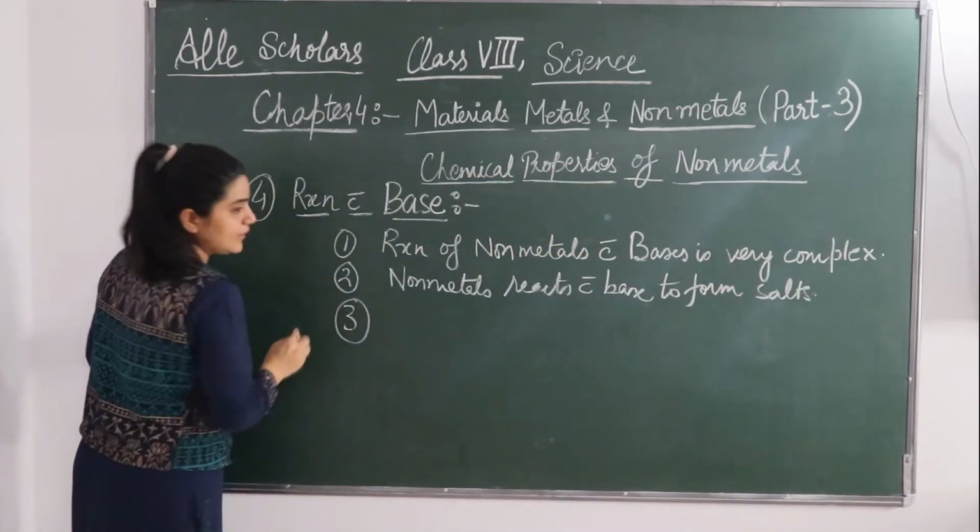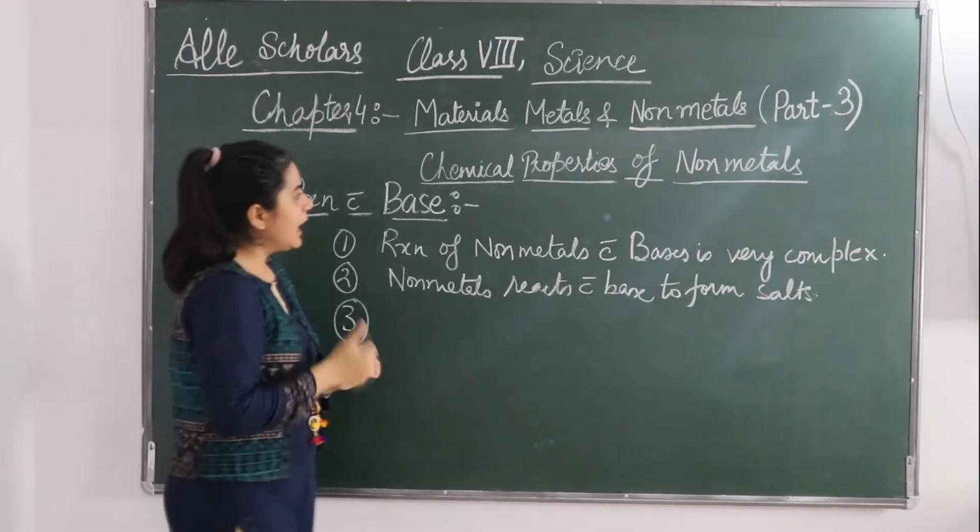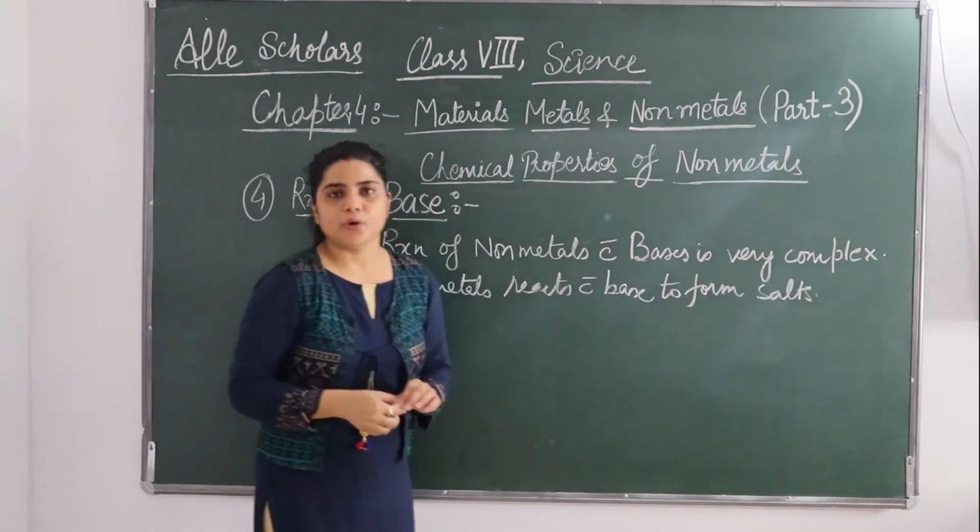So we shall take one example, the reaction of calcium hydroxide and chlorine. It gives bleaching powder.